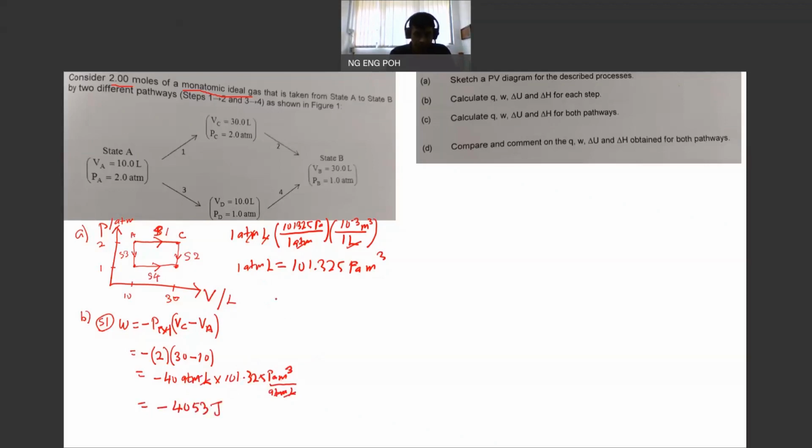Once you find the W, you can also find the temperature. For temperature A, you can use PV equals nRT to calculate.